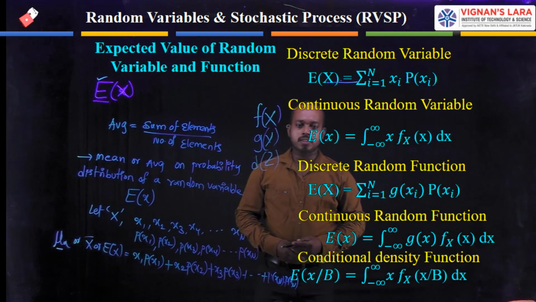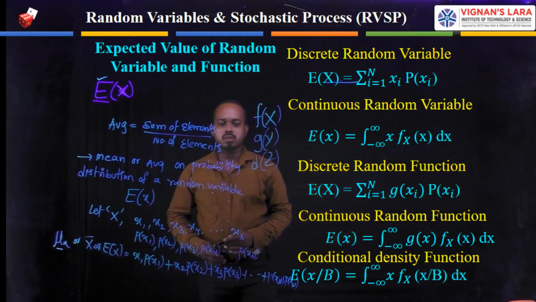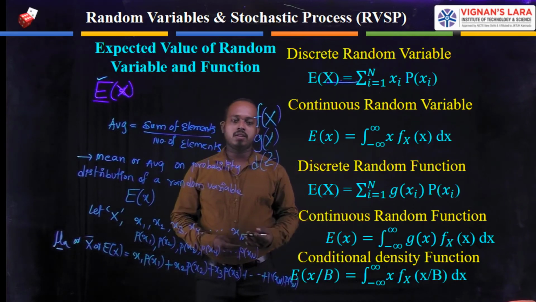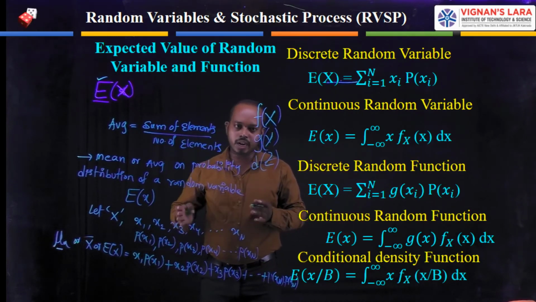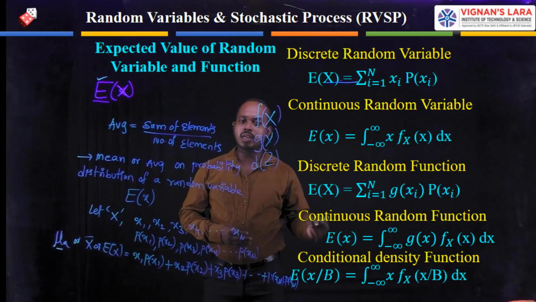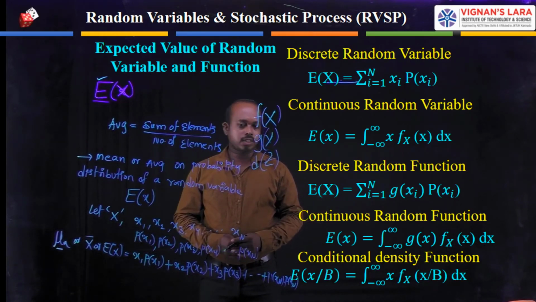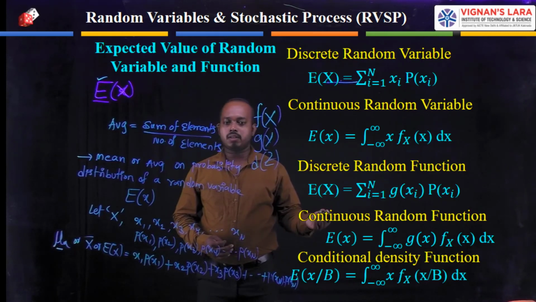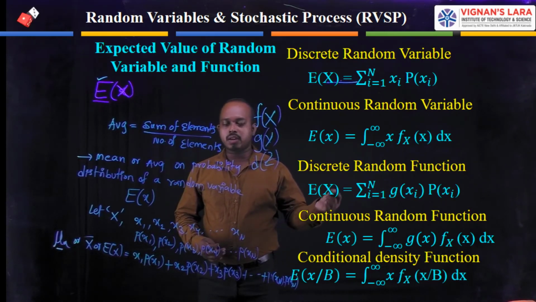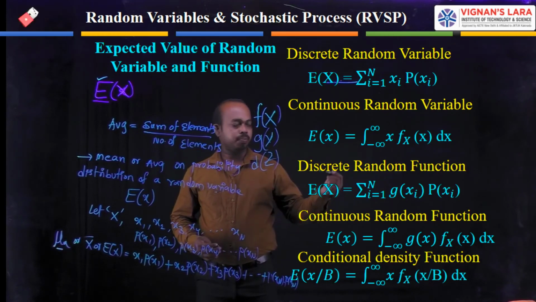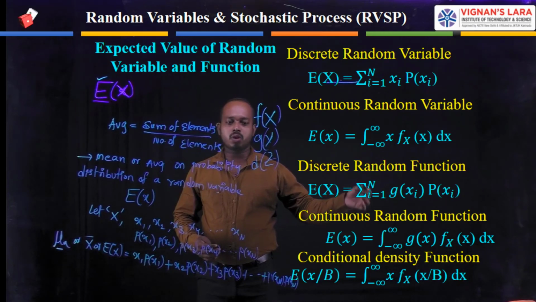Now we consider functions. For functions we write the same thing that we write for a random variable. There is no change here. For the expectation value of a discrete random function, the formula is expectation of x equal to summation i equal to 1 to n of g of xi.